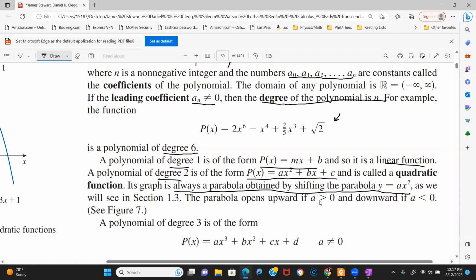The parabola opens up if A is positive, and it opens downward if A is negative, because this coefficient right here determines, well, let's just think about this A right here. Remember, when you multiply by a negative number, it reflects it over the x-axis. That's what that transformation does.